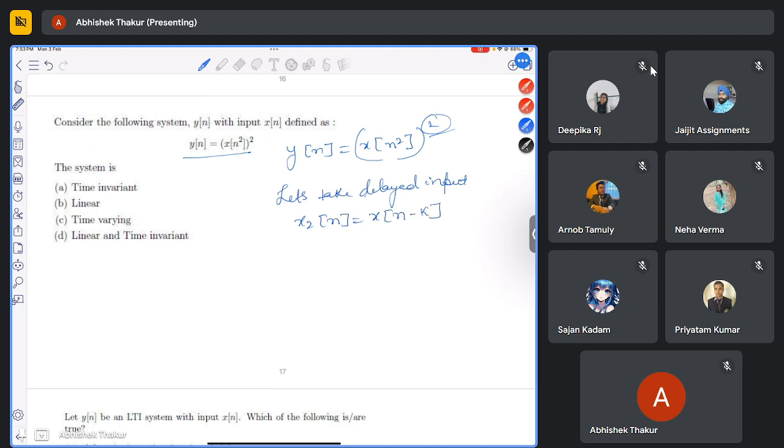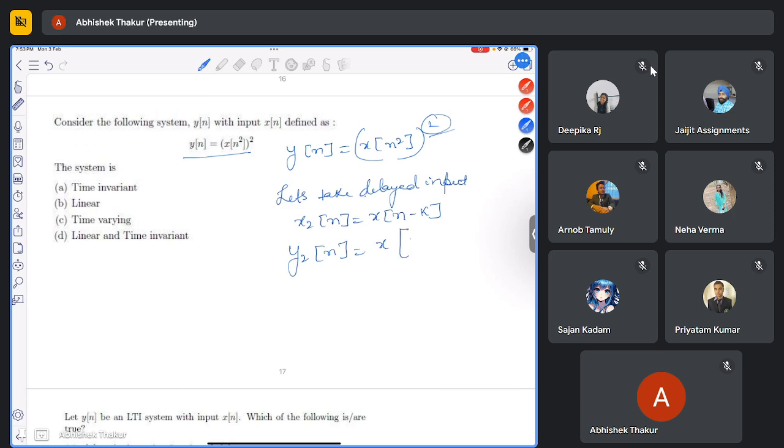So y2(n) is given as x of, we have to substitute the value of n as n minus k.